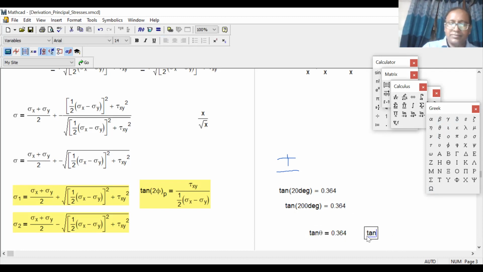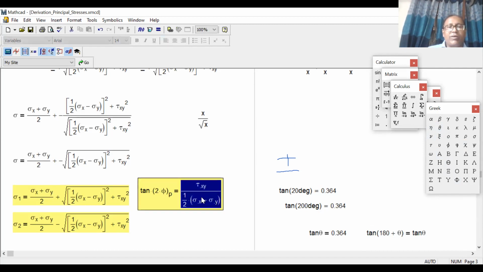Because tan of (180 degree plus theta) equals tan theta in trigonometry. So from this formula, you will get one angle, say tan 2 theta p equal to 30 degree, or it will be the other angle.